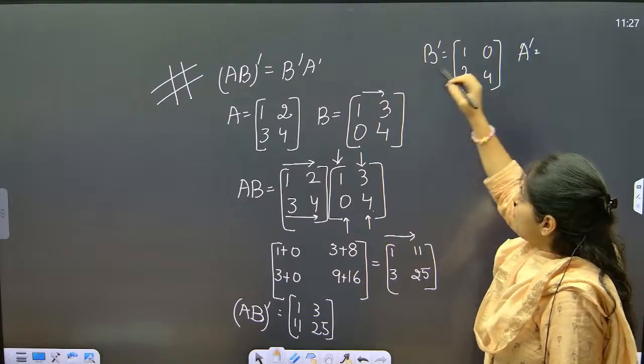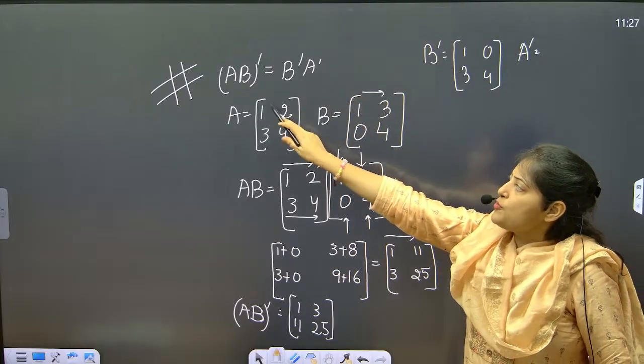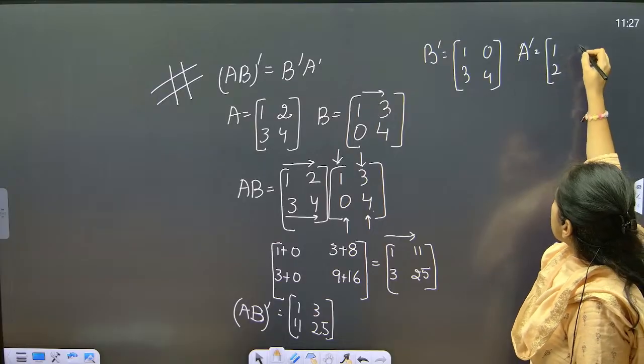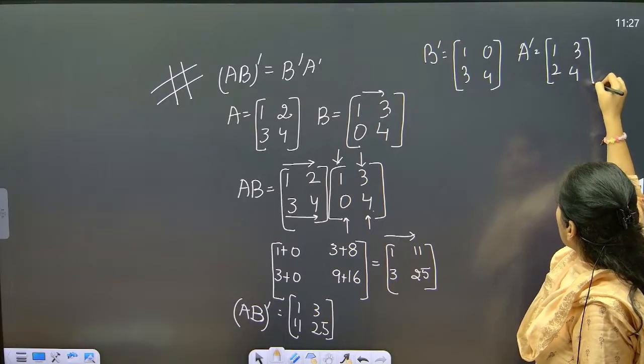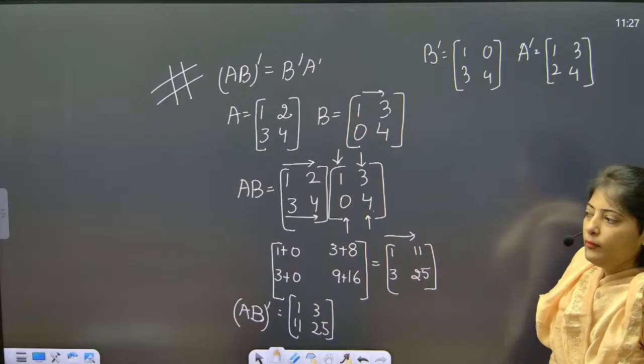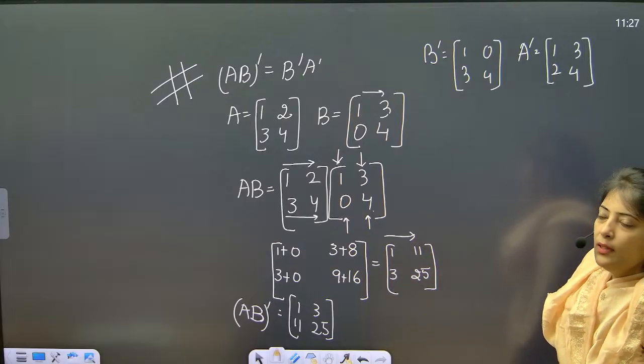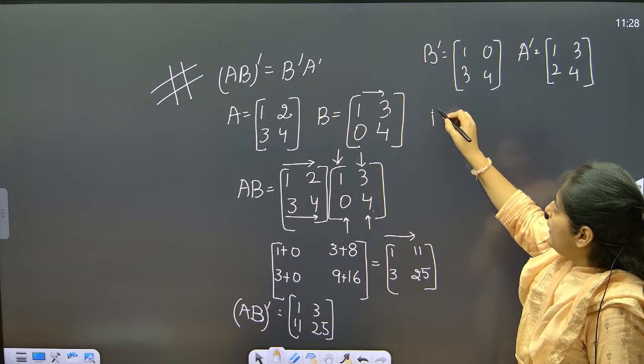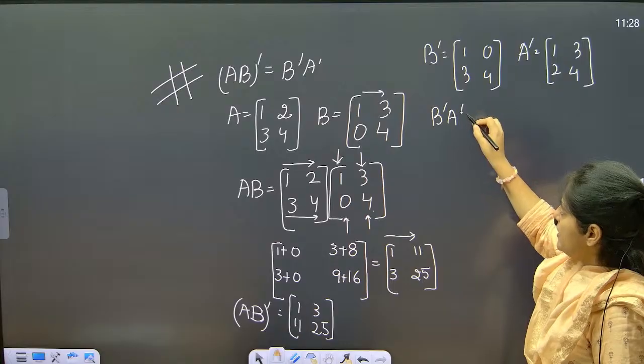Similarly, we have to see A transpose. A transpose, first row will become first column, second row will become second column. I hope I am clear till here. Now, what is the operation they are asking? Multiplication. So, multiply them. B transpose, A transpose.